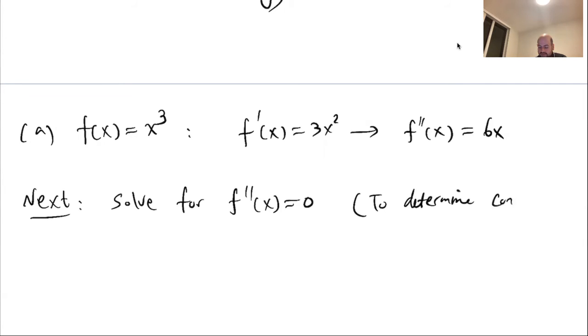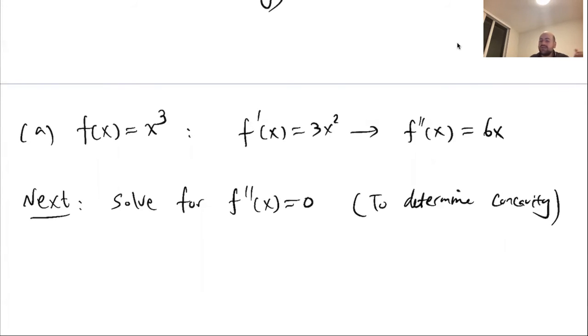Okay, so if I want to summarize what we are learning today: to determine increasing, decreasing, we have to solve for f prime of x equals 0, find the roots, and then use the sign chart for f prime.